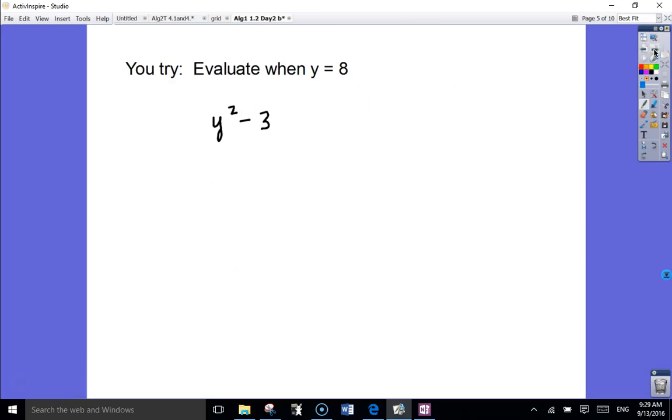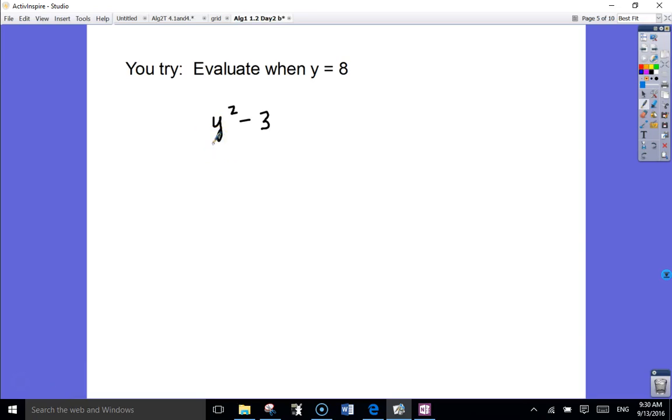So you try. Evaluate when y equals 8. What did you get? Okay, so we evaluate, so we show the step.